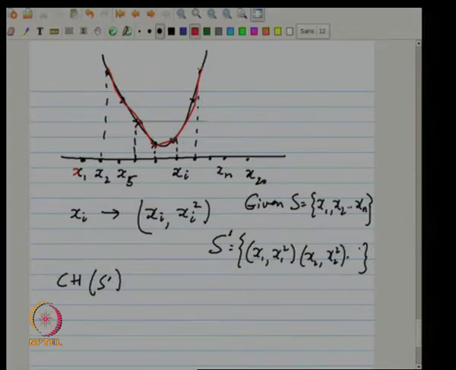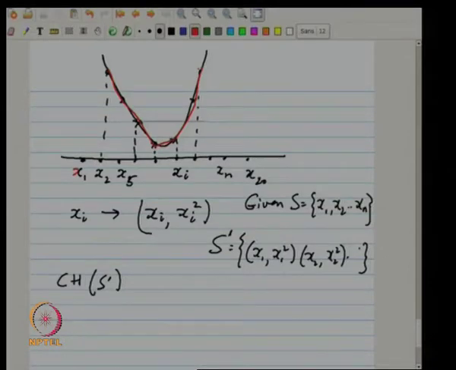And if our assumption or convention is that a convex hull algorithm should produce the points in a clockwise or counterclockwise fashion, then I can recover from the convex hull the sorted set of the points. Okay.